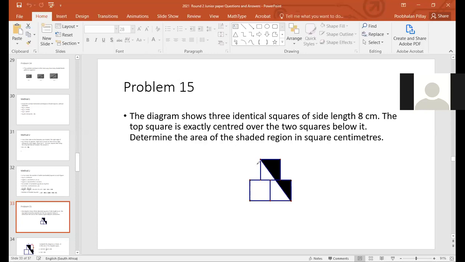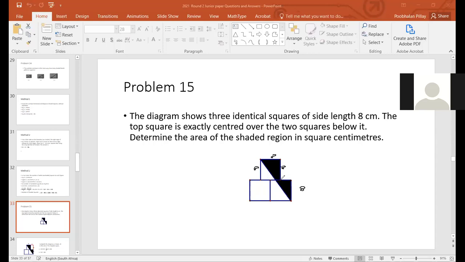All the sides are 8. So you got this is 8, 8, 8, and so on. Okay, and I know this part here because this thing is slap bang in the center, right?